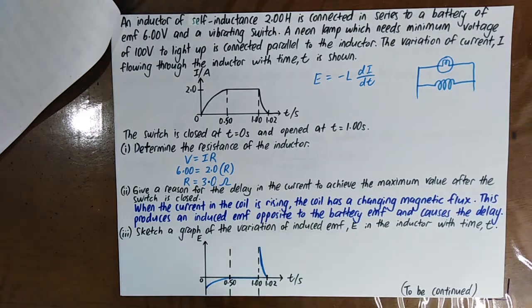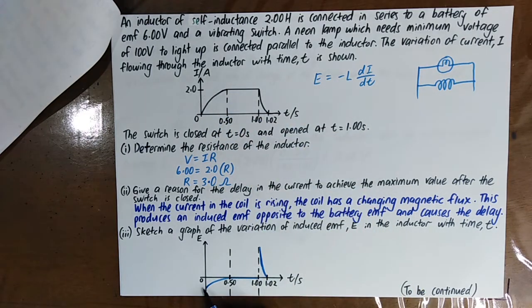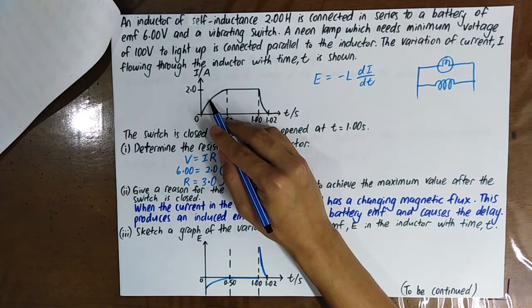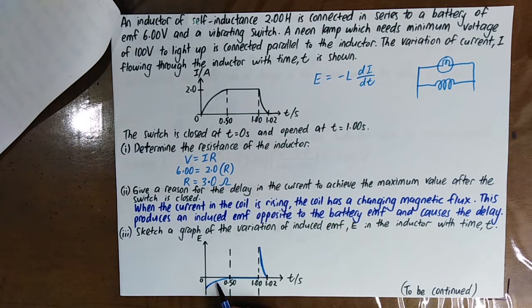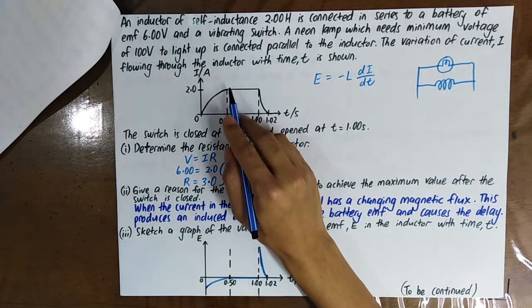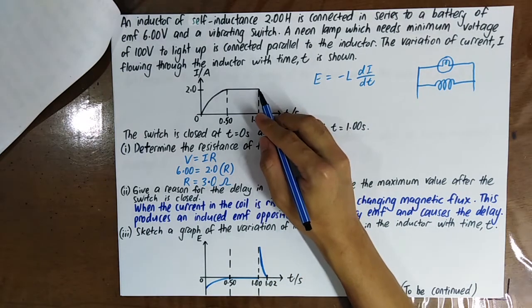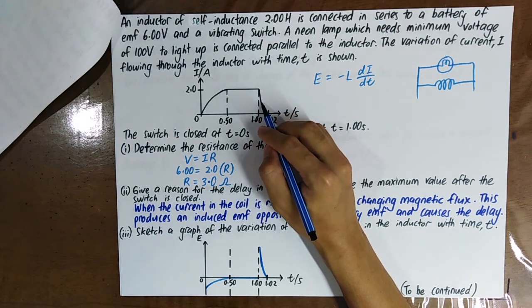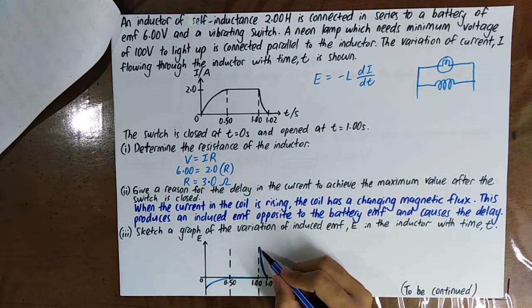So you have to remember that when the current rises very steeply, then the back EMF has a very negative value. But then when the gradient gets less and less, the value of the back EMF becomes less and less negative. When I is a constant, di is 0. When di/dt is a very negative value, then when it is multiplied with a negative sign, the back EMF has a very positive value.